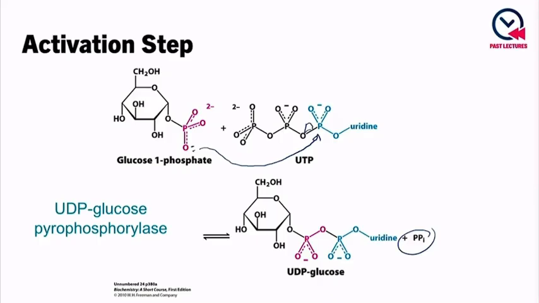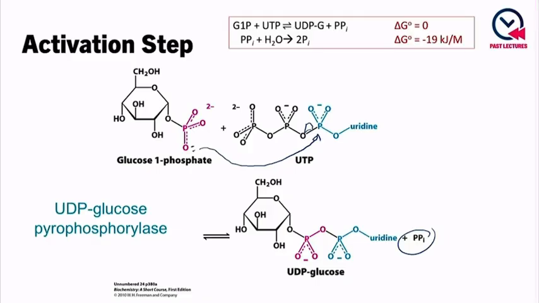This is a common strategy you're going to see among metabolic pathways and enzymatic reactions, the generation of a pyrophosphate, two phosphate molecules. So you're breaking essentially two phosphate bonds. That pyrophosphate itself then gets hydrolyzed to two inorganic phosphate molecules, releasing even more energy. So this couples the reaction together and makes it favorable.